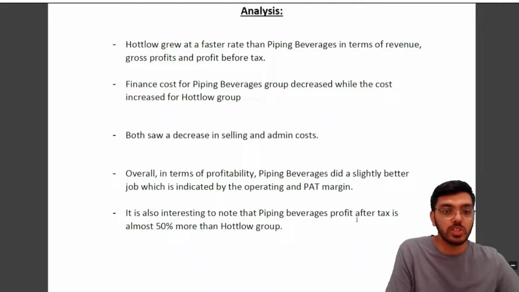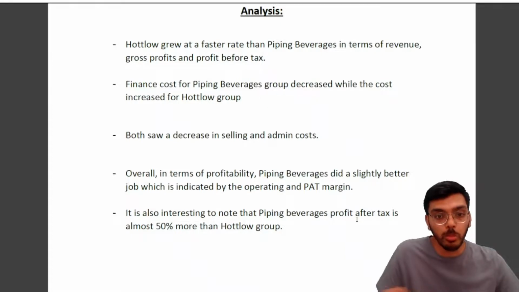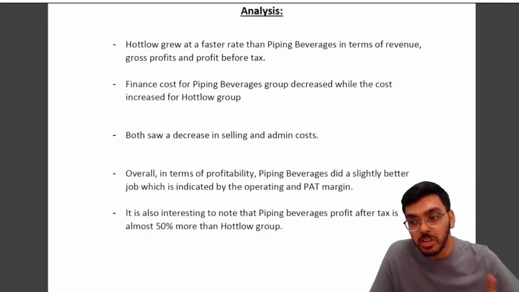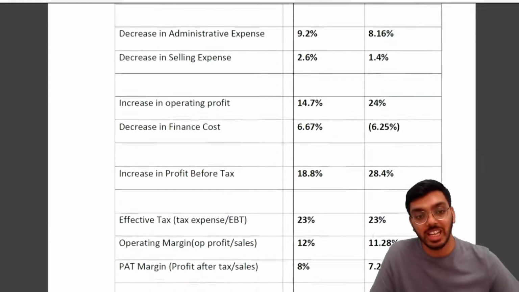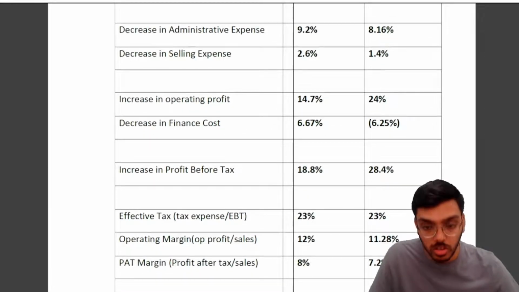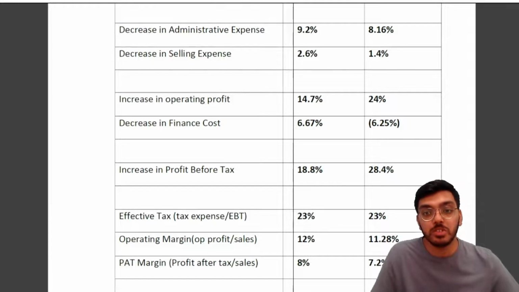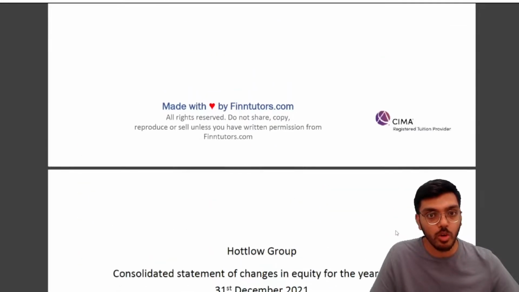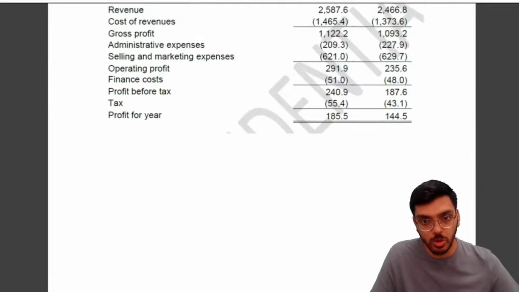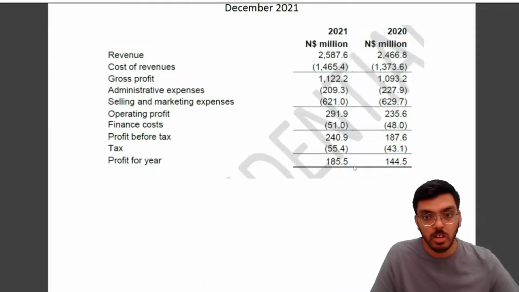It is also interesting to note that Piping Beverages profit after tax is almost 50% more than the Hotlo group in absolute numbers. The profit after tax of Hotlo turns out to be 185.